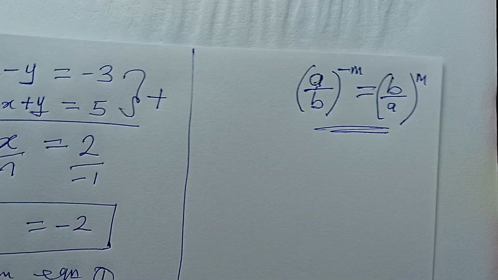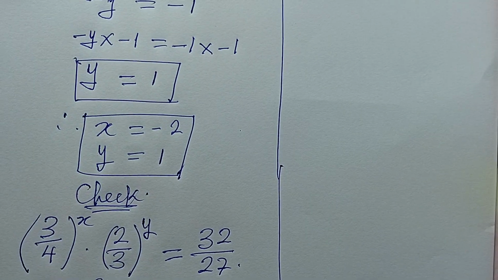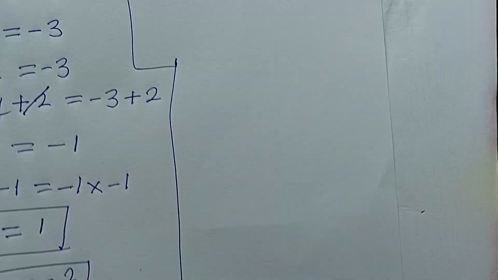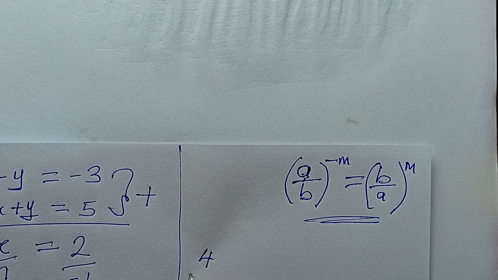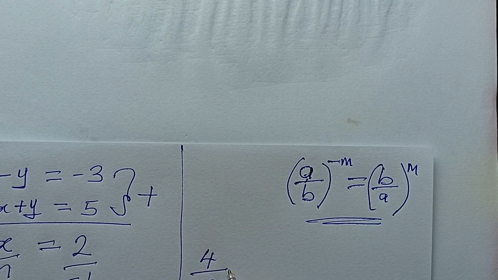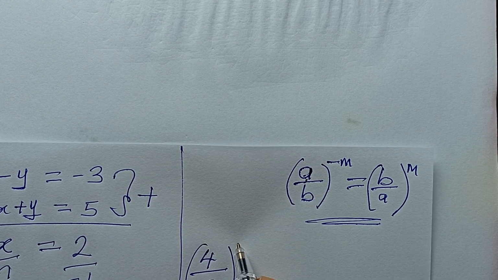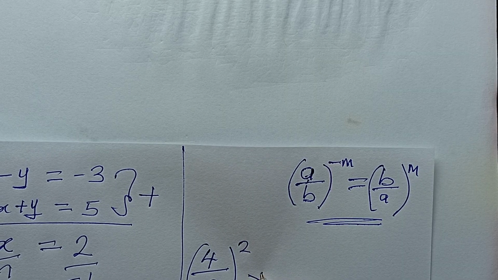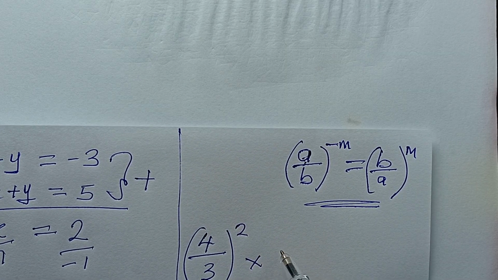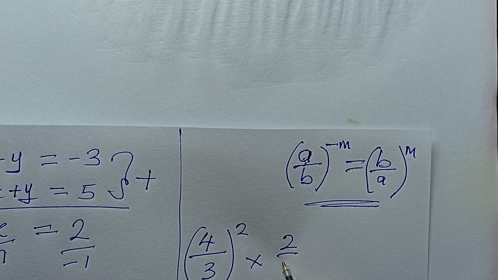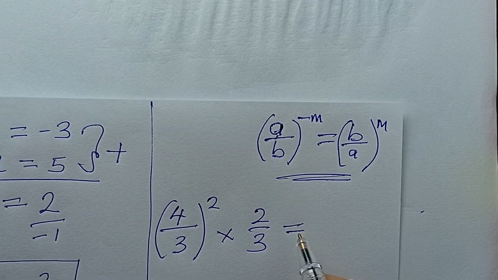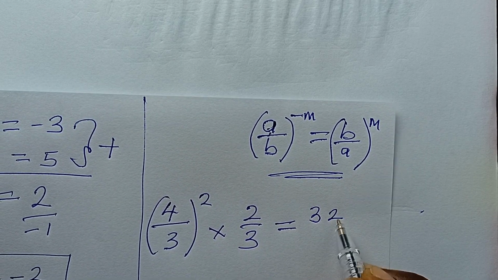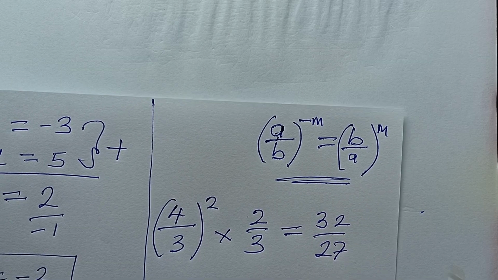If we apply this law, the expression becomes 4 over 3, all raised to the positive 2, times 2 over 3. Raised to the power 1 still gives the same thing, equal to 32 over 27.